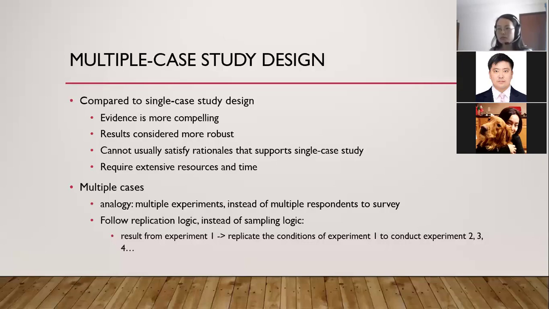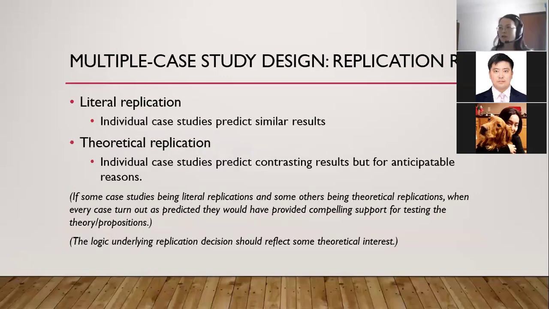And multiple cases is, to a degree, like multiple experiments instead of multiple respondents to a survey, as I explained before. So you follow replication logic instead of sampling logic. You get a result from the first case, and then you replicate that condition in other cases to get either the same or different results. So now let's talk about replication rules.